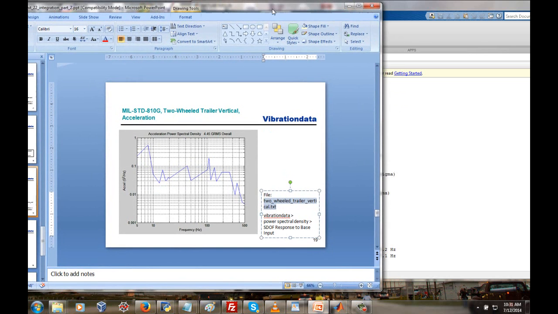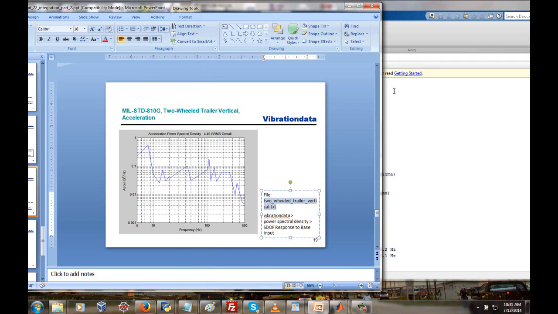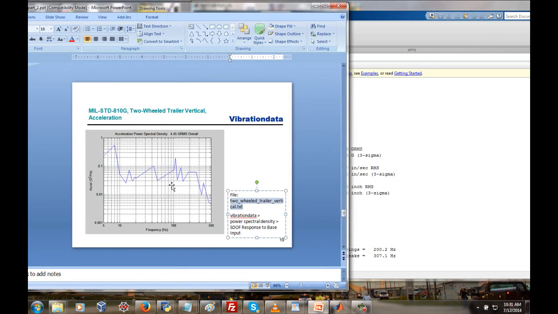Okay, so let's see what else we have here. We have the rate of zero up crossings and rates of peaks shown there. Even though it looks like in log-log format most of the energy, even acceleration, is down here, we have to remember that this is log-log format, and if we integrate the area under this portion of the curve, it would be relatively small compared to other bands that we might construct.